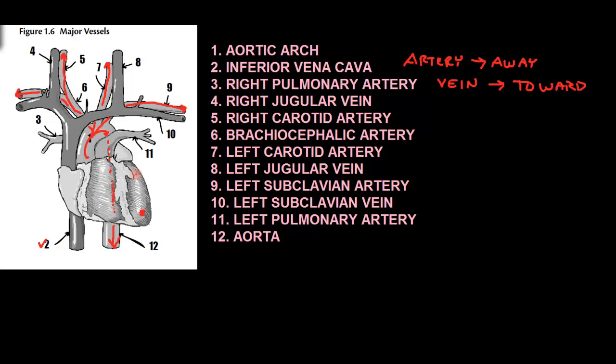And let's say we came from the toe, dropped off our oxygen at the right big toe, and now we're coming back. We will come back on number 2 here, the inferior vena cava or vena cava, either way. If we were coming from the right middle finger, we would come back on this tube like this, and again we would end up in the same place, which is the right atrium.